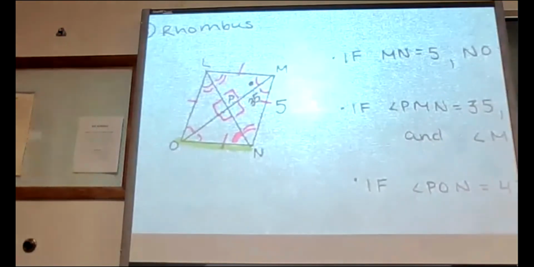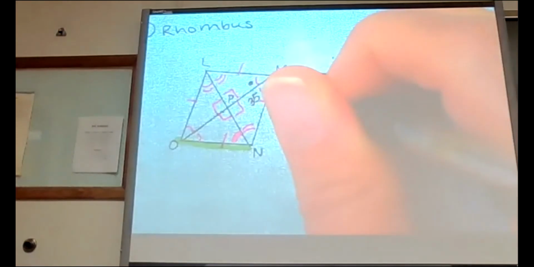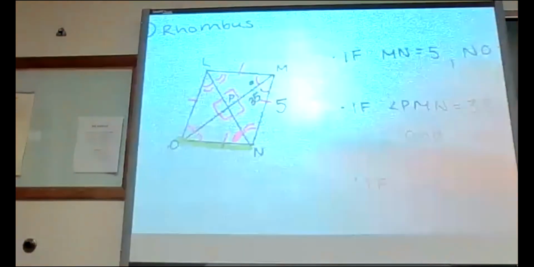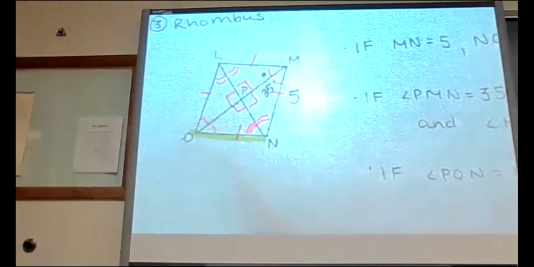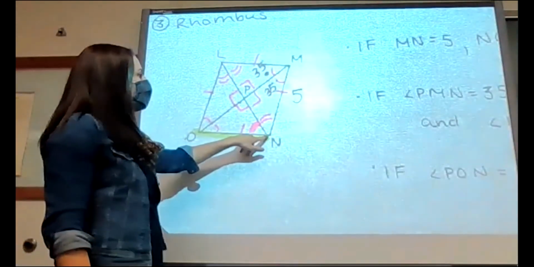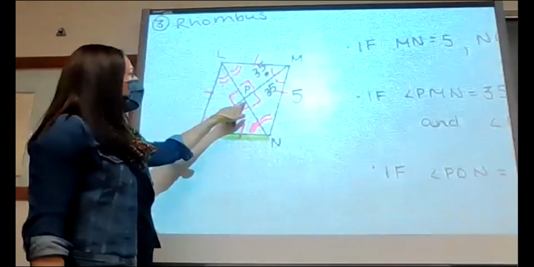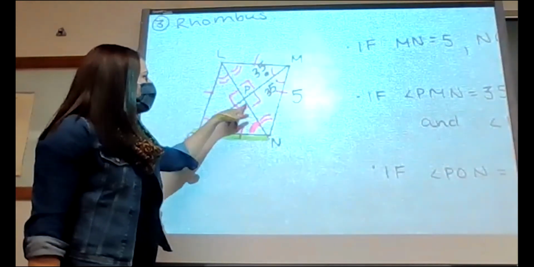And then it goes to MNO. Ooh, super tricky one. There's two ways that I can do it. One way that you could figure out what this is, you could use the triangle here. Do you see that triangle?